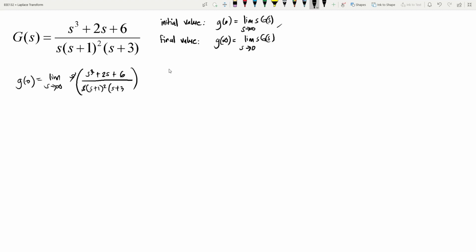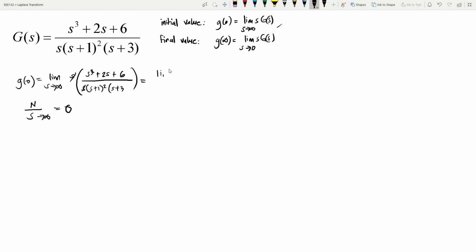S cancels out. Now, if you take a look at the value of s, s approaches infinity. So we need to manipulate this equation right here so that s will be in the denominator of each term, because we know any number over s, when s approaches infinity, is just equivalent to 0.